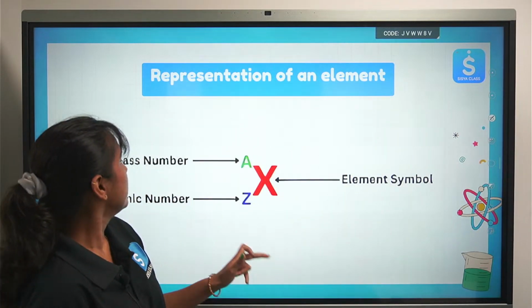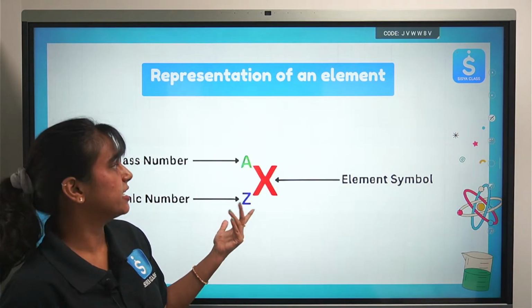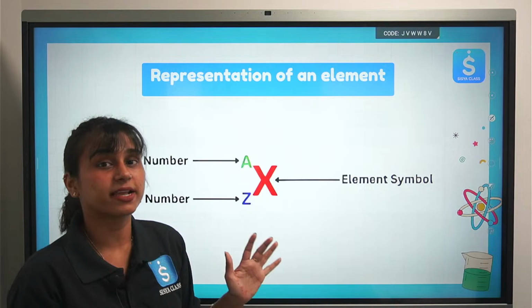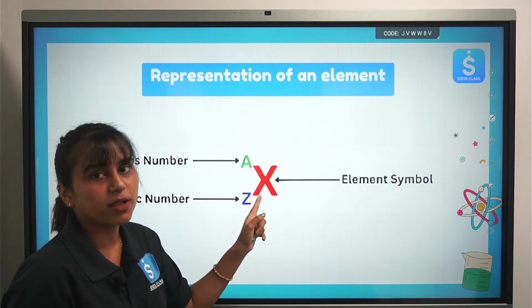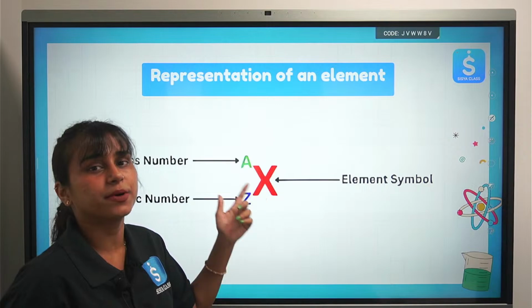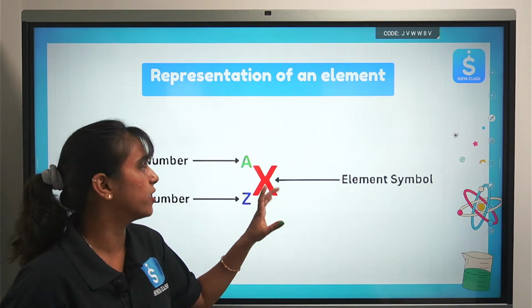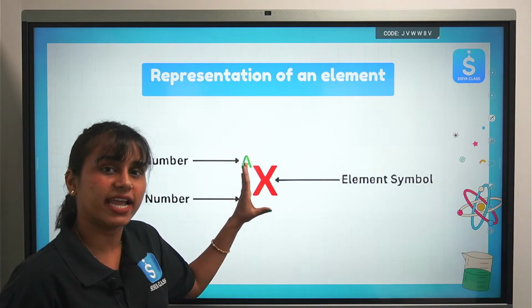This is how you will represent an element at all times. You will write the symbol of the element, like hydrogen, carbon, nitrogen, oxygen, sulfur, whatever the symbol of the element is.